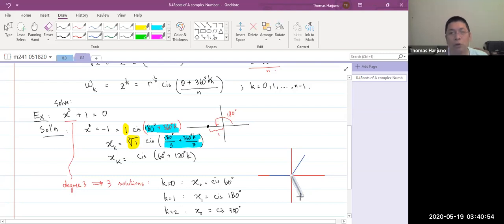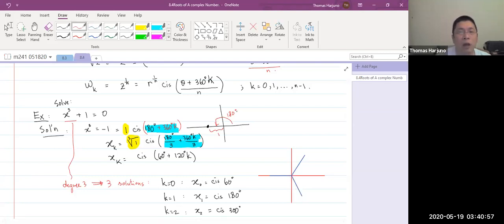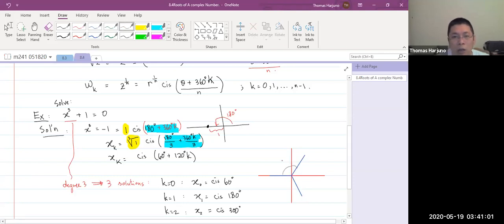What I want to show you is that they are separated by 120 degrees each, which comes from 360 degrees divided by 3, the power 3. That's how we get it.